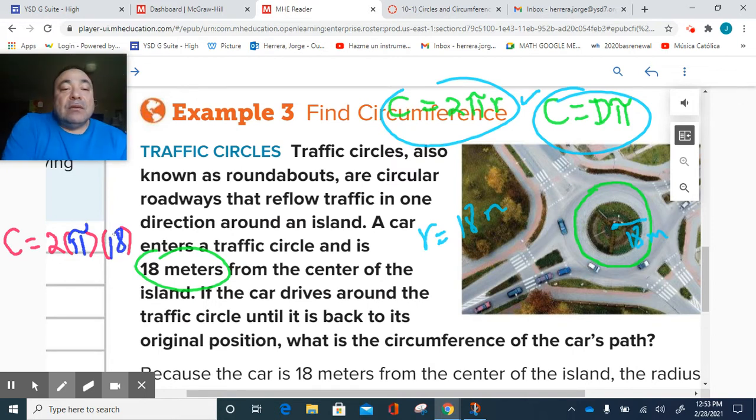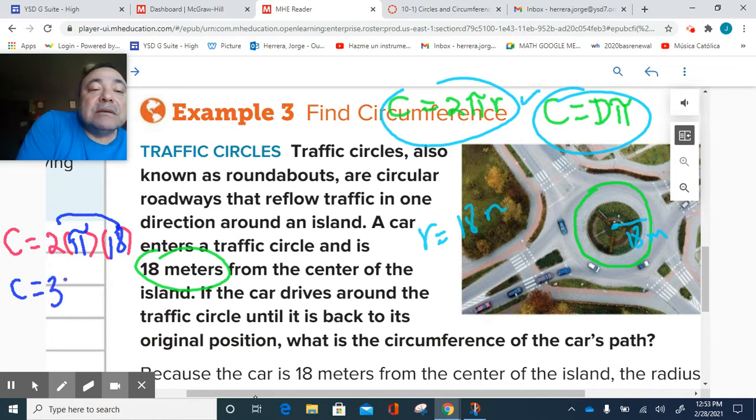Well, you can see if you multiply it right away, you get 2 times 18, so that will be 36 pi. And that is the answer, guys. Of course, the answer per se is not quite accurate, but that's the answer.